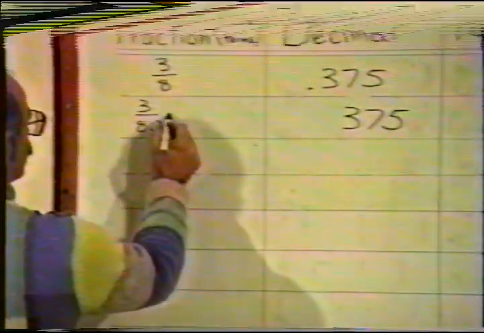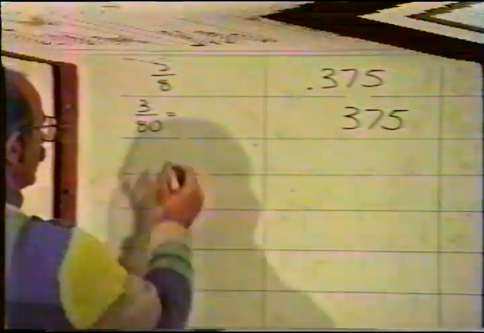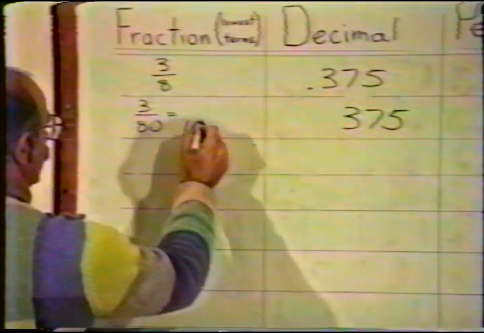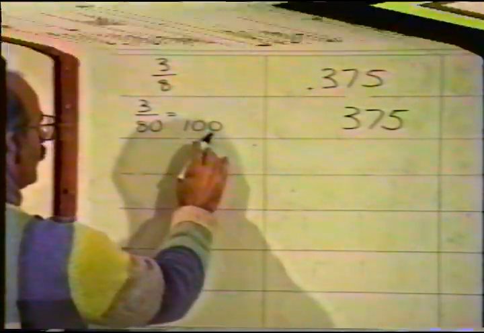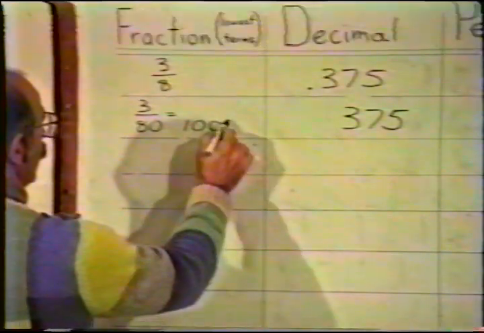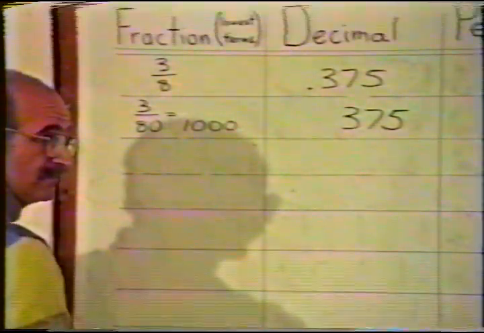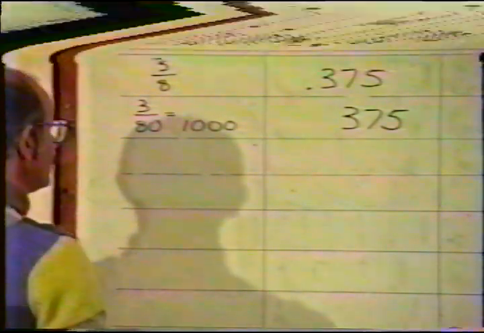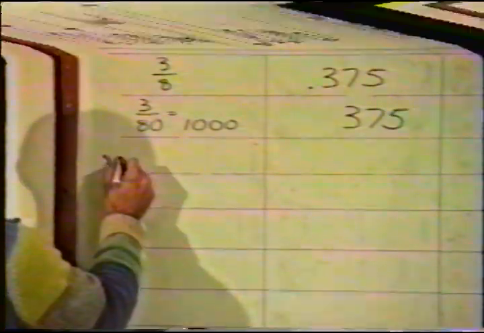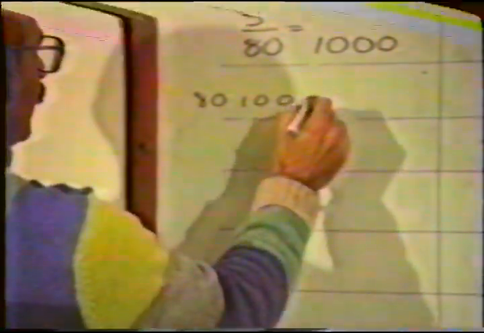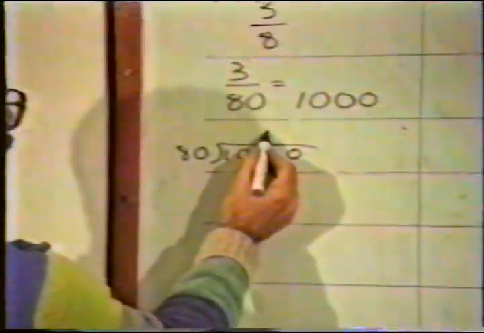Well, let's try to raise that to higher terms. Will 80 go evenly into 100? No. Will it go evenly into 1,000? Some say yes, some say no. Let's find out. 80 into 1,000.